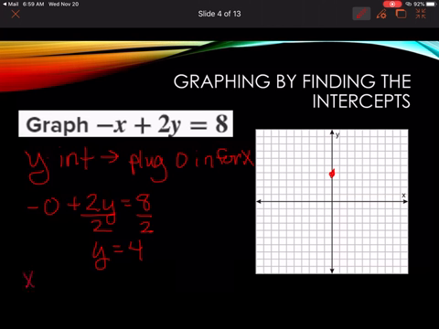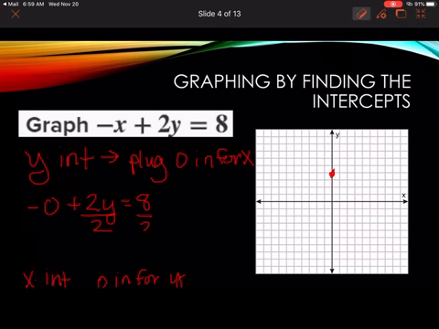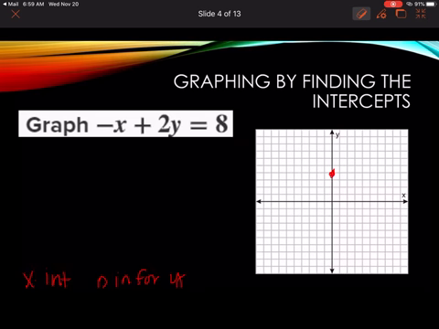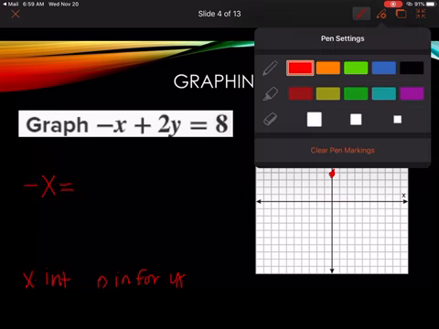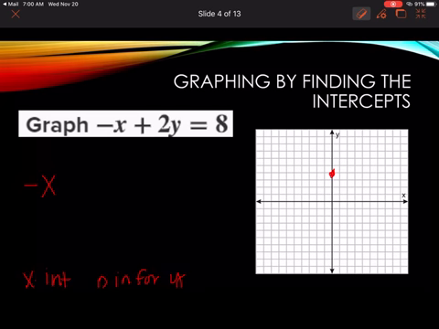X-intercept, I plug 0 in for y. I have to erase some. Sorry. So I would have negative x plus 2 times 0 equals 8. Messing up all over the place, I apologize.